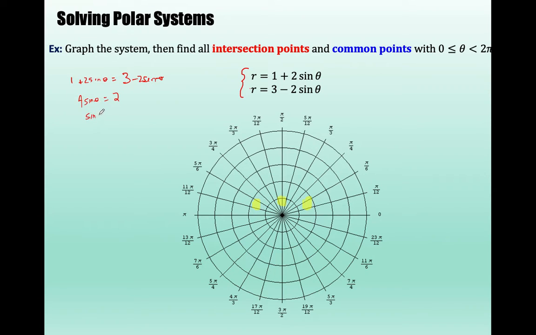So sine theta is equal to 1/2. So I'm going to inverse sine. Who has a sine of positive 1/2 on the interval 0 to 2 pi not included? Theta is equal to pi over 6 and 5 pi over 6. So my points of intersection are r comma pi over 6 and r comma 5 pi over 6.